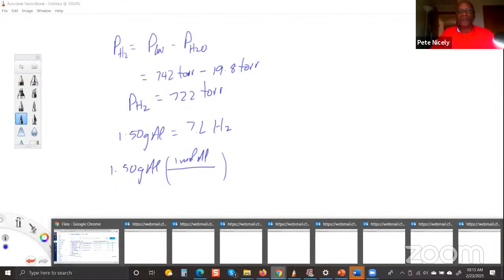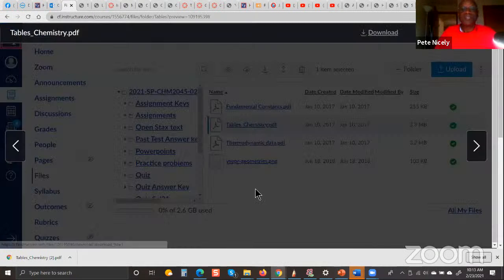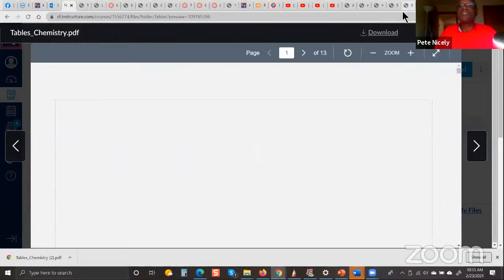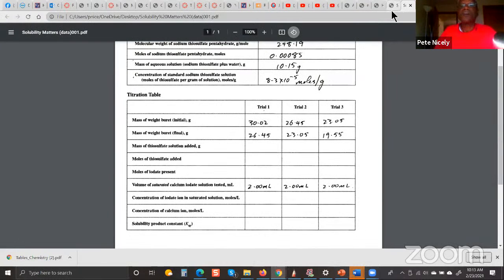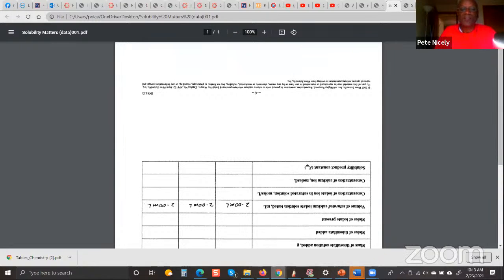So I need to go to my, well, if I remember correctly, and I don't have my periodic table here with me, so let me go to the periodic table in Canvas, which I think I've already downloaded, or maybe not. Let me see. No. Okay.